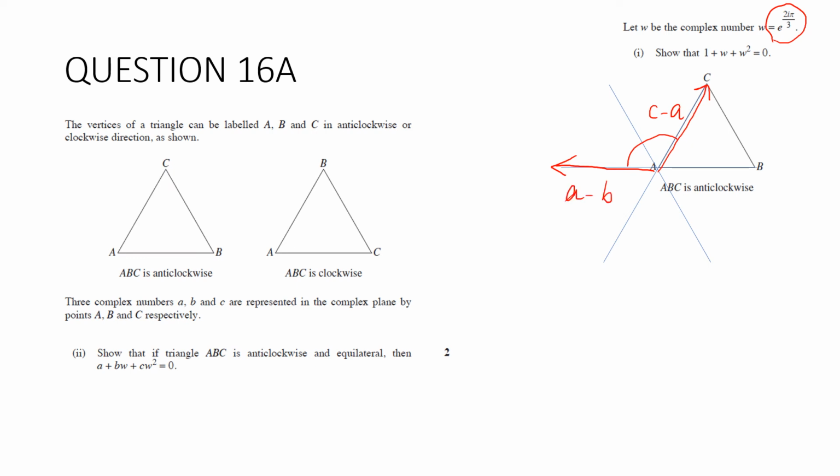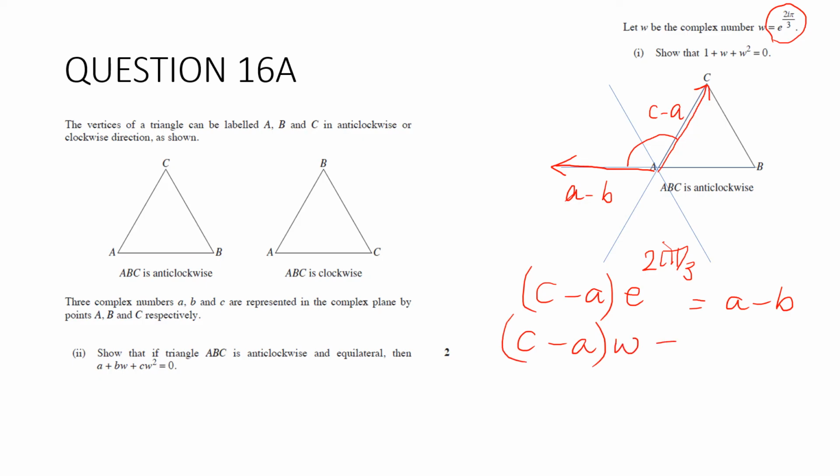So we have C minus A. We're going to rotate it by 2 pi on 3, which means multiply it by e to the 2i pi on 3, and it will equal A minus B, which of course is (C minus A)w equals A minus B. Let's expand that out. Cw take Aw is equal to A minus B, and let's get those A's together.